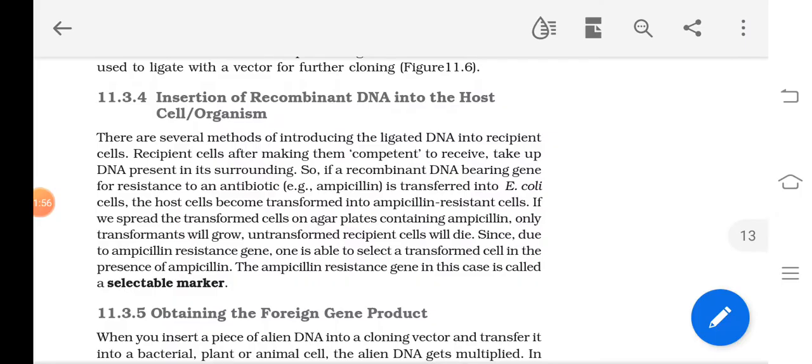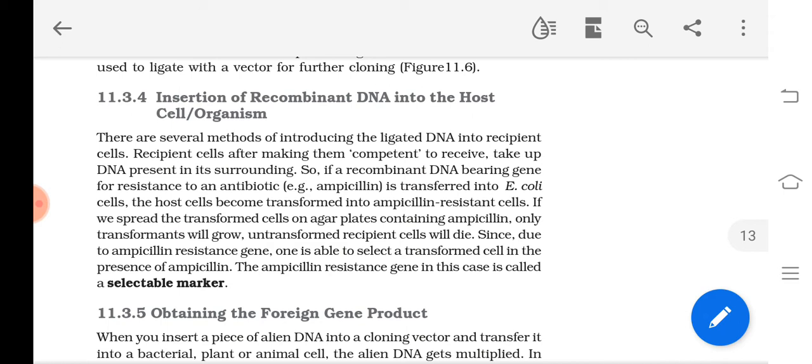Isn't it? So the gene of our interest can be introduced into the host cell or recipient cells by different methods. Before that, I have already mentioned that the recipient cell should be made competent by treating it with bivalent ions.